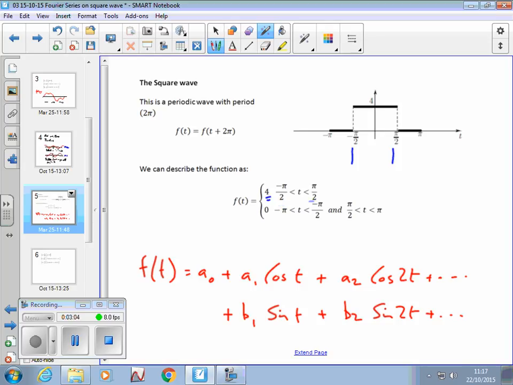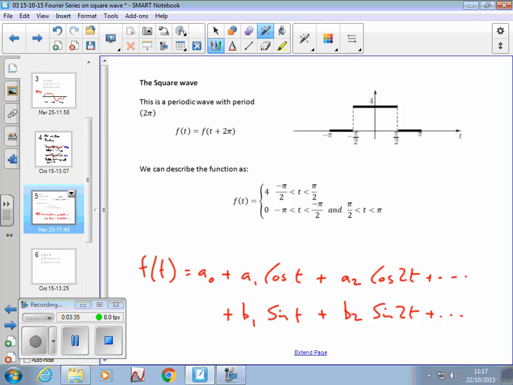And then it's also saying when t is between minus pi and minus pi over 2, in other words this region, but also between pi over 2 and pi, this region, the value of the function is 0. So these two statements define the function, the square wave that we're interested in. And we follow a similar process for any sort of function that we wanted to describe in terms of Fourier series.